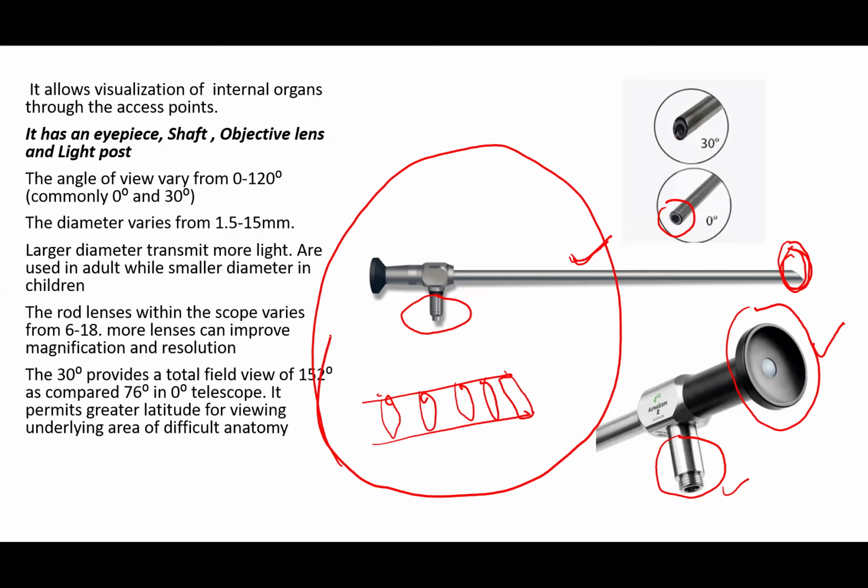Okay, so it will just give a warm temperature that is not going to cause any burns to the patient. It is when you expose the tip of that light source on the patient unknowingly that it will cause a burn. But inside, as long as the light is going inside, that light is filtered. It's not a heated light that is passing through the telescope.